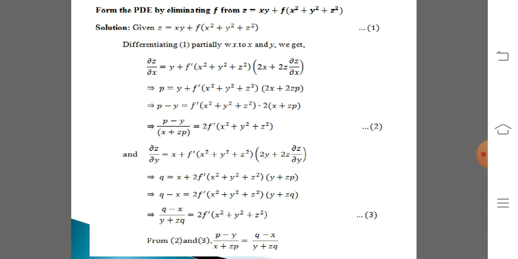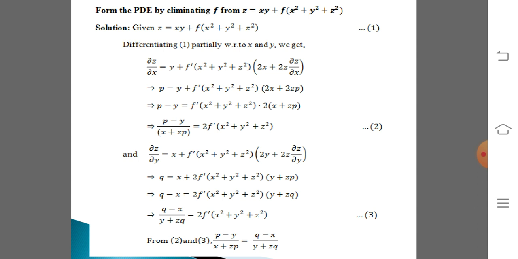Similarly, you differentiate the given equation 1 partially with respect to y. We get ∂z/∂y equal to the partial derivative of xy with respect to y, which is x. Okay, because x is constant and the derivative of y with respect to itself becomes 1.